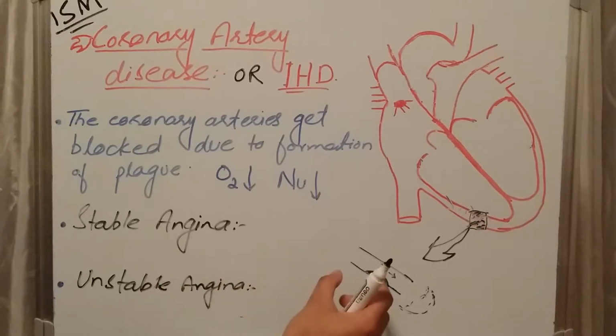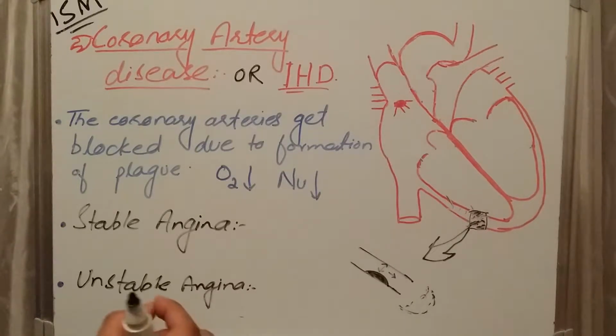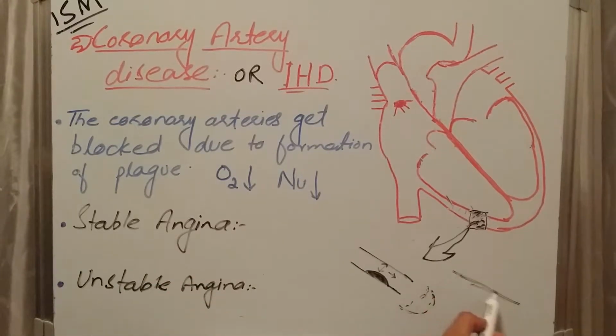If the plaque is not fixed, if it is a dynamic plaque, then it will be dangerous to that particular region of the heart. For example, the plaque is formed like this, a dynamic plaque, moving here and there.